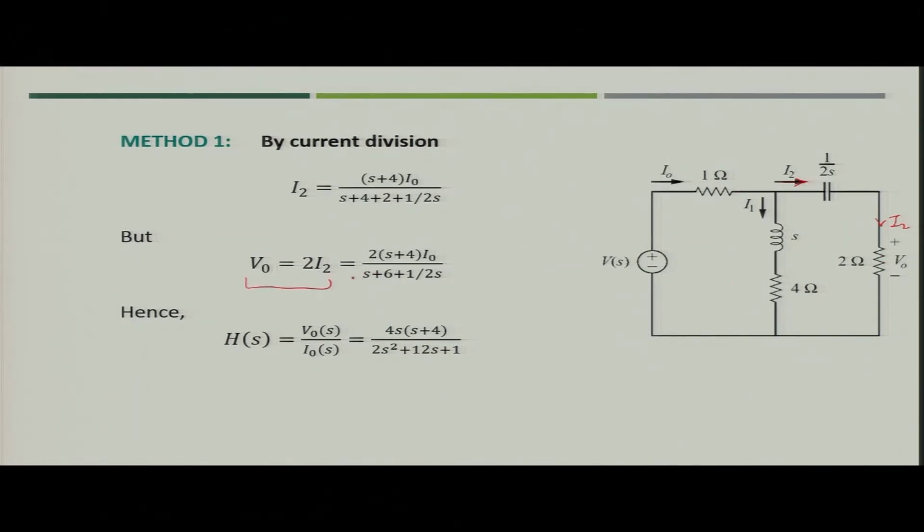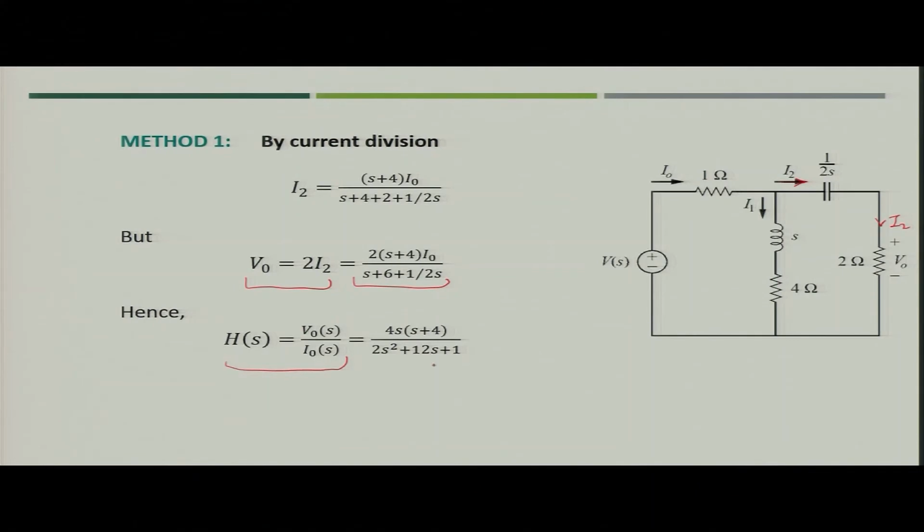So, you get V naught is 2 into (s plus 4) I naught upon s plus 6 plus 1 upon 2s. When you rearrange, you put I naught in the denominator. So, the transfer function, that is V naught upon I naught in S domain, is equal to 4s into (s plus 4) upon 2s square plus 12s plus 1.